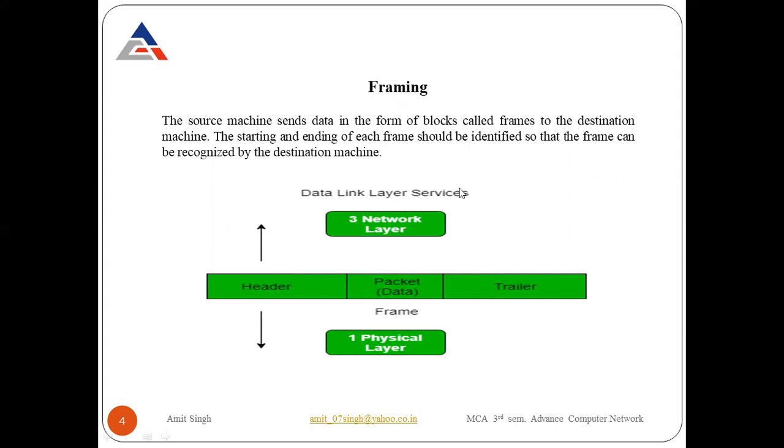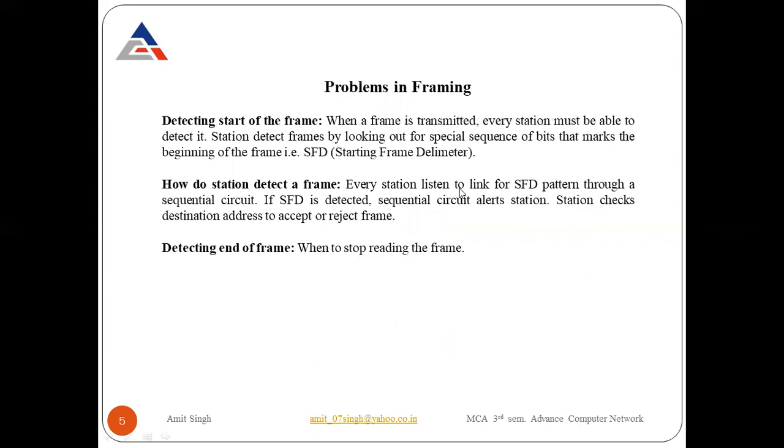So now the next is the problems in framing. First, detecting the start of the frame. When a frame is transmitted, every station must be able to detect it. Stations detect frames by looking out for a special sequence of bits that marks the beginning of the frame, that is called the starting frame delimiter.